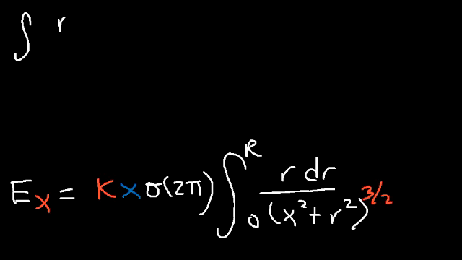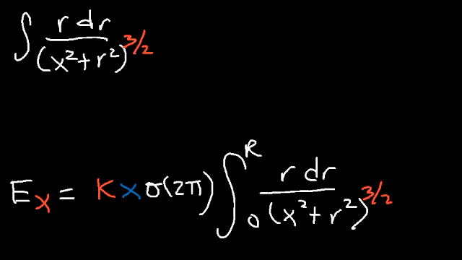So just jot this equation down and we're going to come back to it. Let's integrate r dr over x squared plus r squared raised to the 3 over 2. We're going to use the u-substitution technique. Let's set u equal to x squared plus r squared. Since we have dr here, r is the variable, x will be treated as a constant.